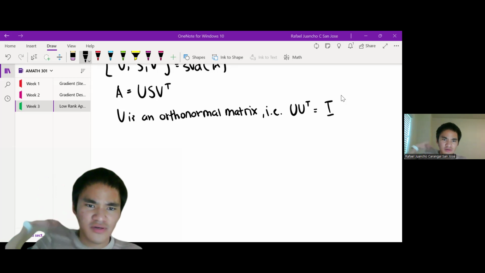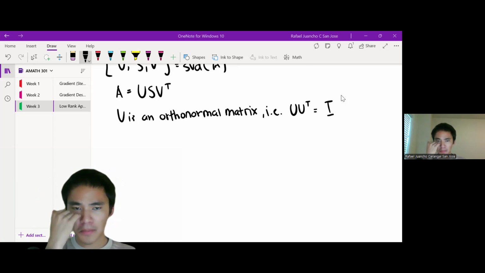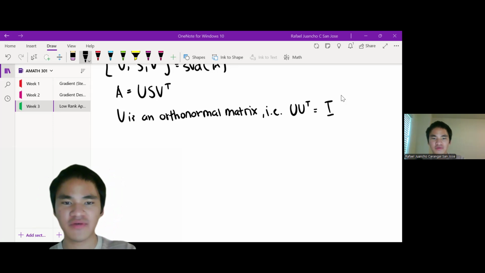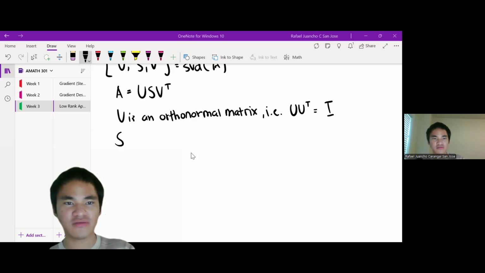Okay, so the columns of U consist of the basis of the column space of A, right? So what does that mean? Here we have U, an orthonormal matrix. We have S. Let me write this other one.